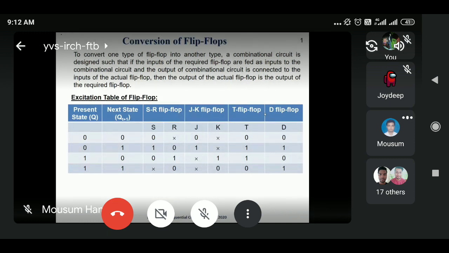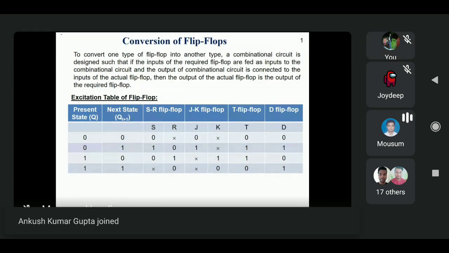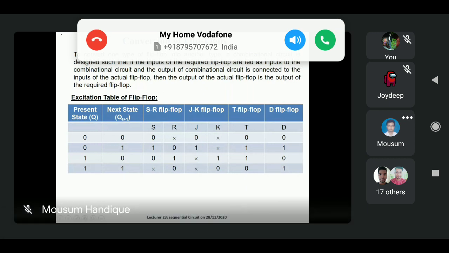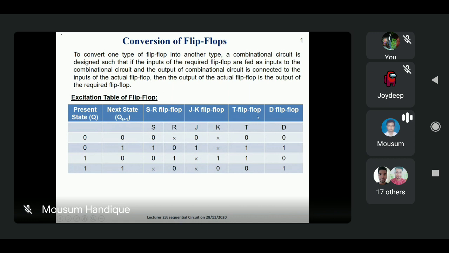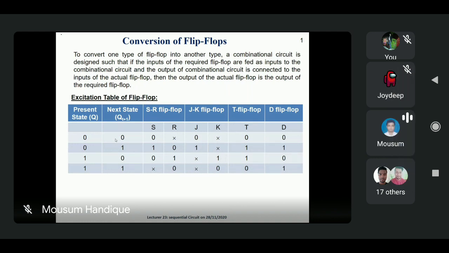This excitation table is constructed from the state table: the state table of the SR flip-flop, JK flip-flop, T flip-flop, and D flip-flop. Keep your state tables open in front of you, then you can understand. Otherwise, initially you will face difficulty.